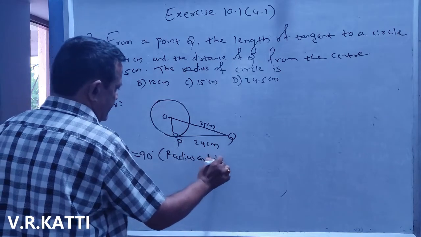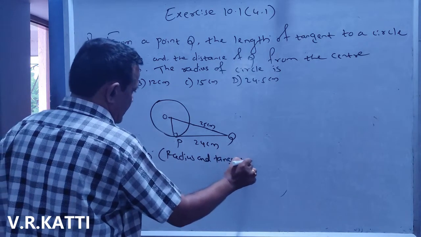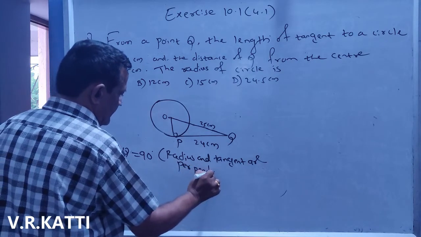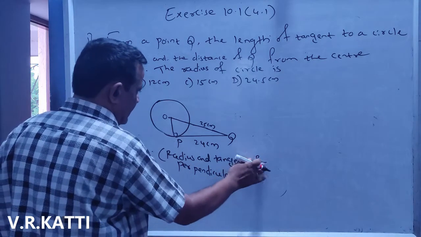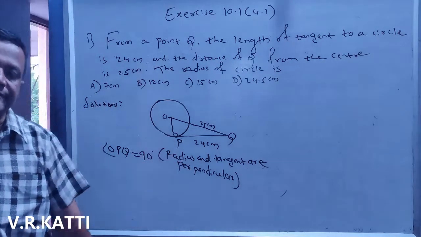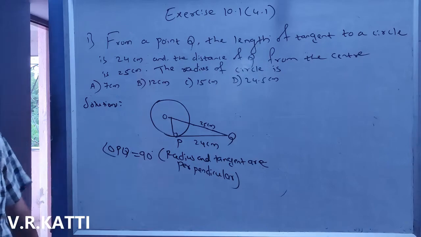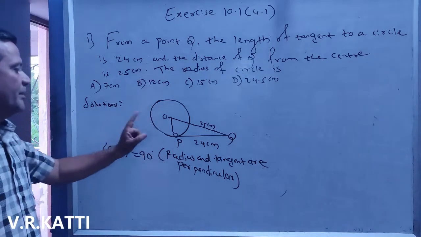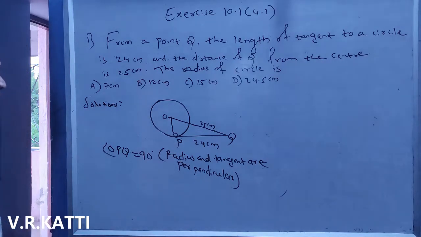Radius and tangent are perpendicular at the point of contact. So the point of contact is P. So angle OPQ is 90. Now apply the Pythagoras theorem.